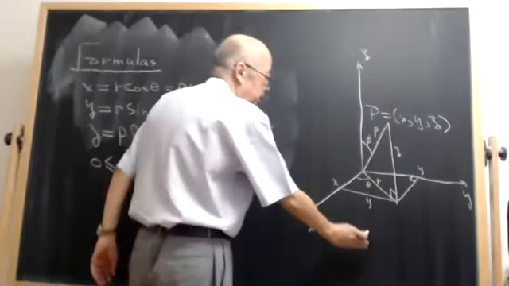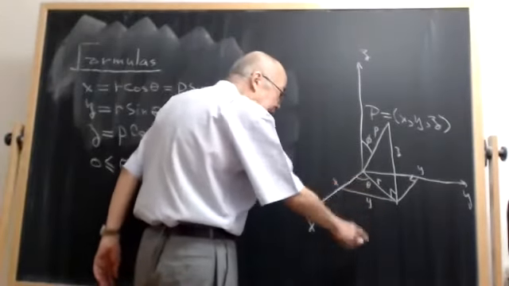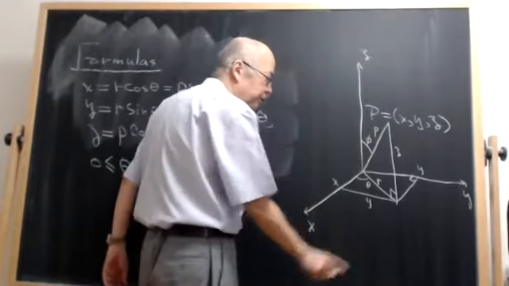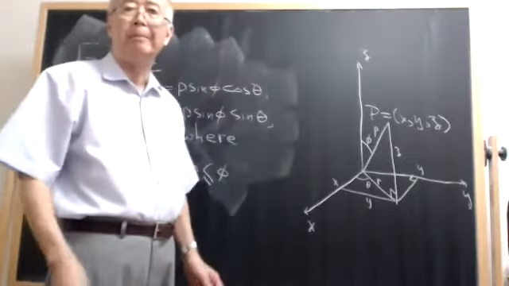Now, if it aligns with the z-axis in the opposite direction, the angle would be pi.